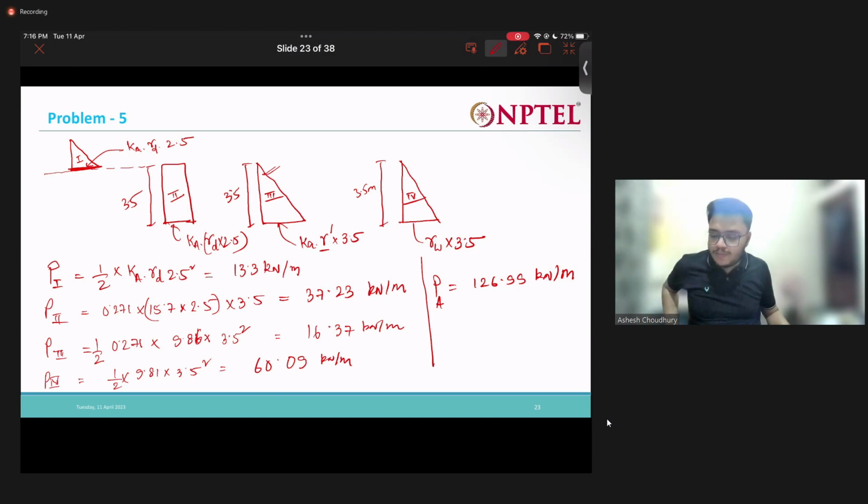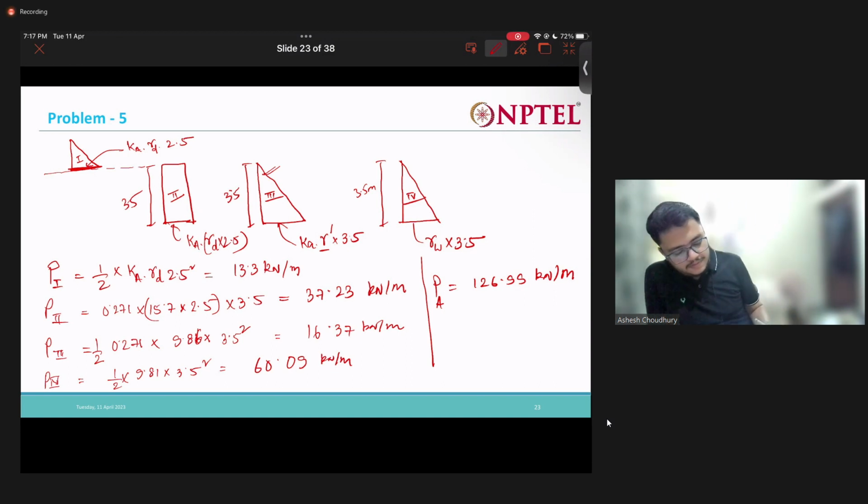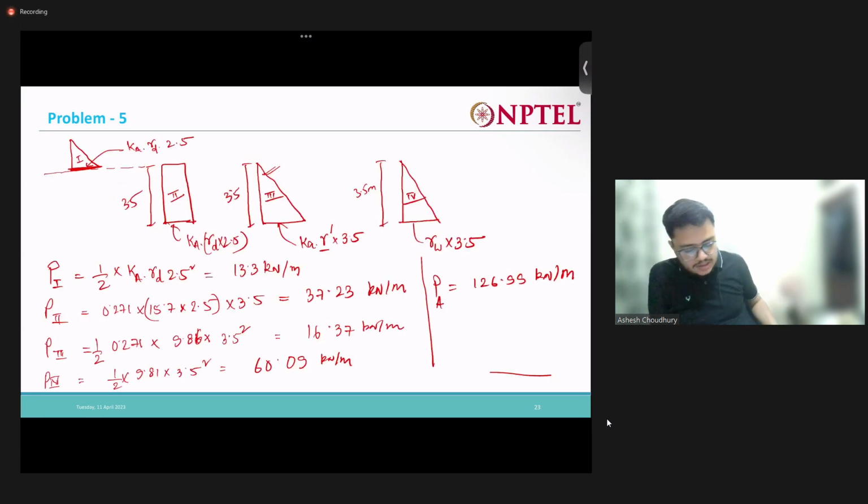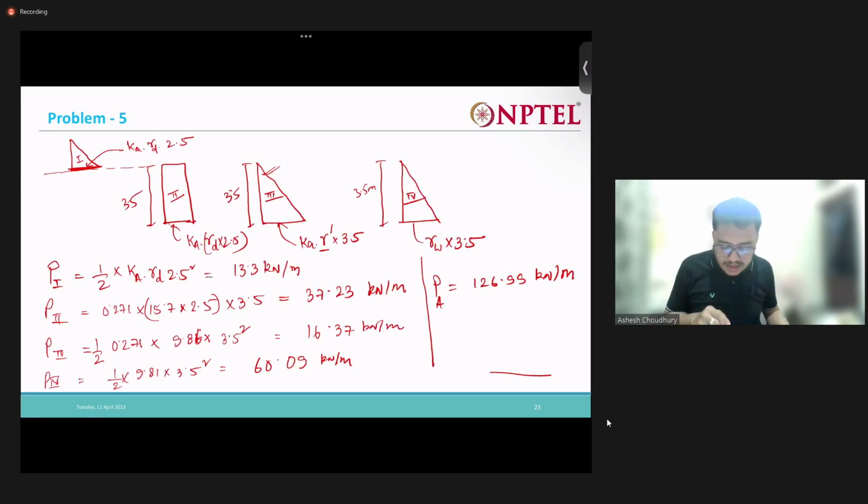Now let us determine the point of application, Y. The first one is 13.3 into (3.5 plus 2.5 by 3), which is 4.33.